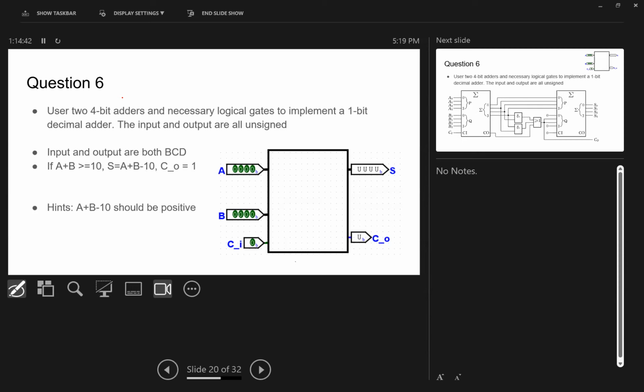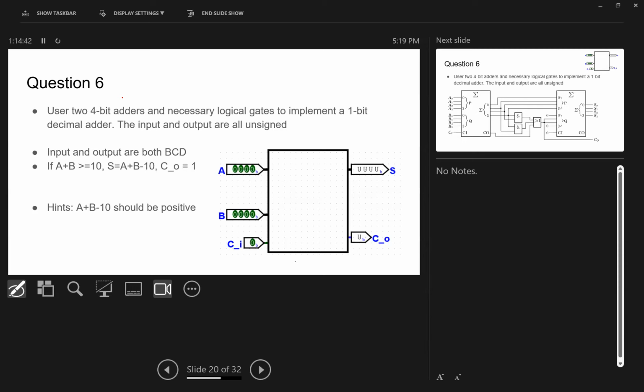But how could we get the control signal S? That's what we need to do. The summation result A plus B should be a 4-bit number or a 5-bit number? First, how many bits should we use to represent the result A plus B?